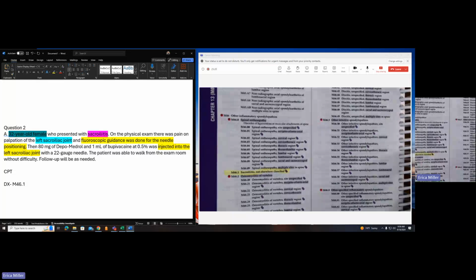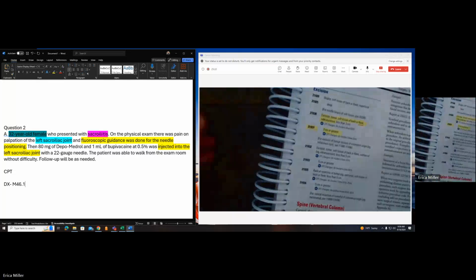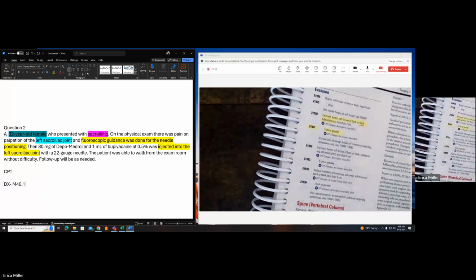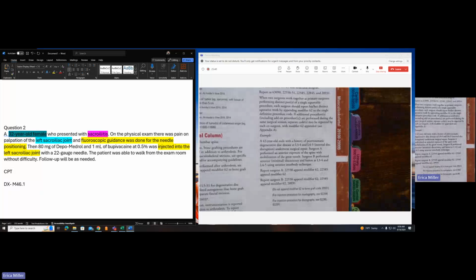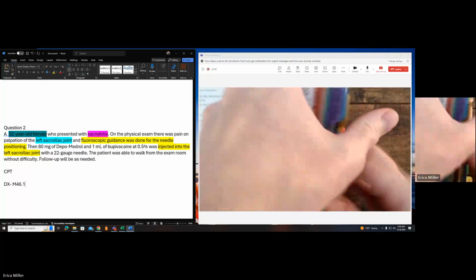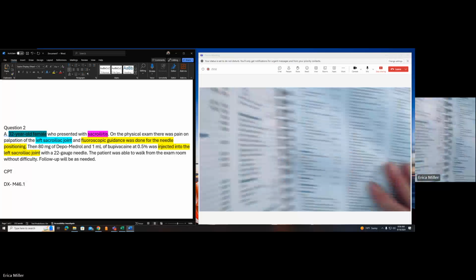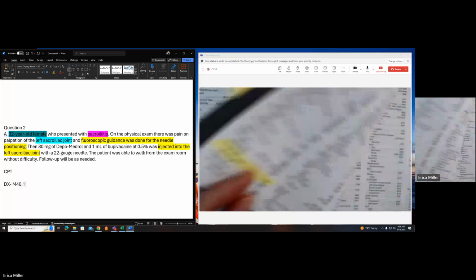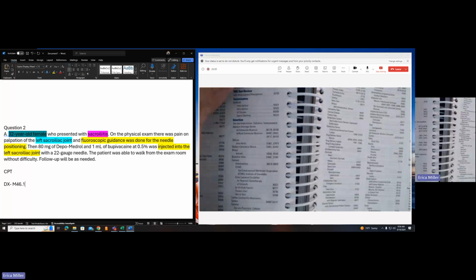Okay, and now we can get into our procedure. So at the very basic, we have an injection into a joint. That's your starting point. And then specifically what joint? Your sacroiliac joint.